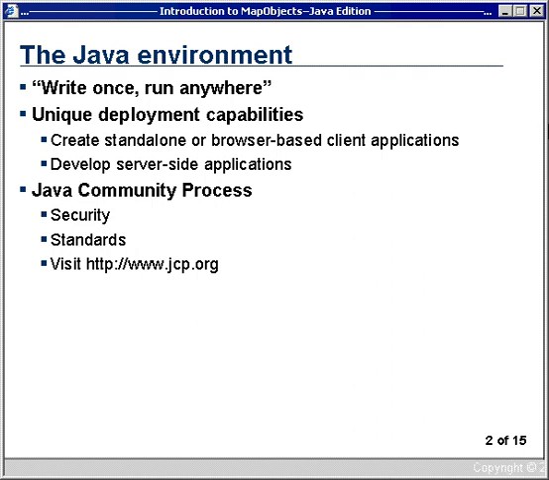Through such large active participation, it helps foster security and standards. You can visit www.jcp.org for further information. Now it's important to note that MapObjects-Java adheres to these Java standards and works well within both the J2SE and J2EE environments.